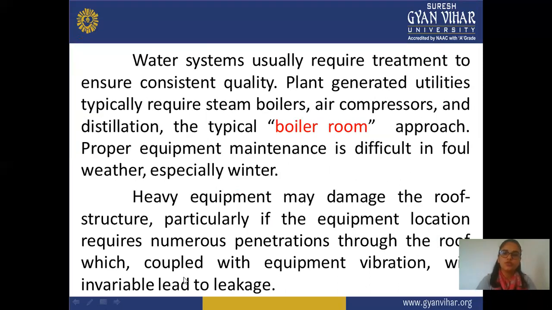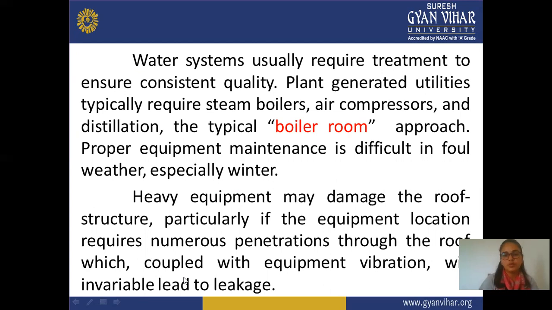Next, the water system usually requires treatment to assure consistent quality, and plant-generated utilities typically require a steam boiler, air compressor, distillation, and a typical boiler room approach. Means these are some other requirements you should check and provide. Proper equipment maintenance is difficult in foul weather, especially in winter. Means in winter it's difficult to maintain, so you can set up according to this condition.